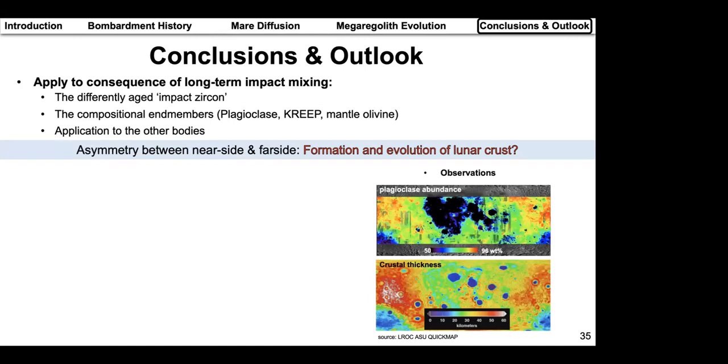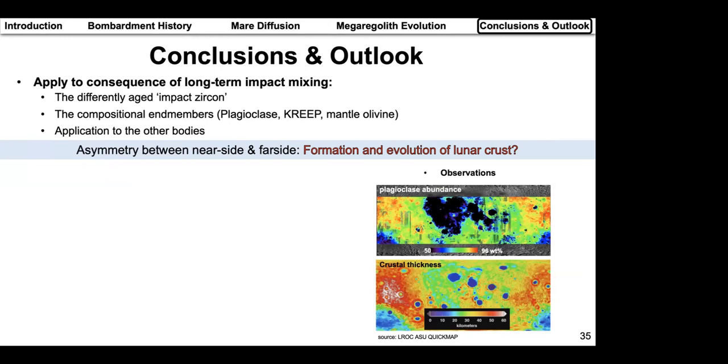Like here, from the remote sensing, we see an obvious asymmetric distribution of plagioclase between the near side, the Maria regions, and the Highland regions, and also an obvious difference in crustal thickness distributions between the near side and the far side. Why does it look like this?